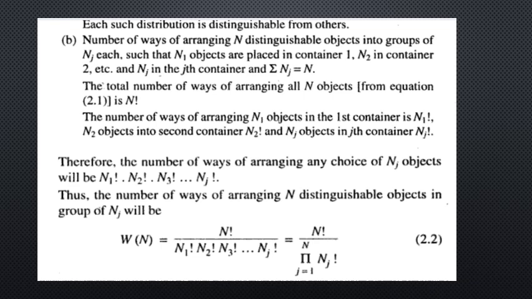Wn is equal to factorial n upon factorial n1 into factorial n2 into factorial n3 and so on, and into factorial nj, which is equal to factorial n upon the multiplication of all these factorials till nj.